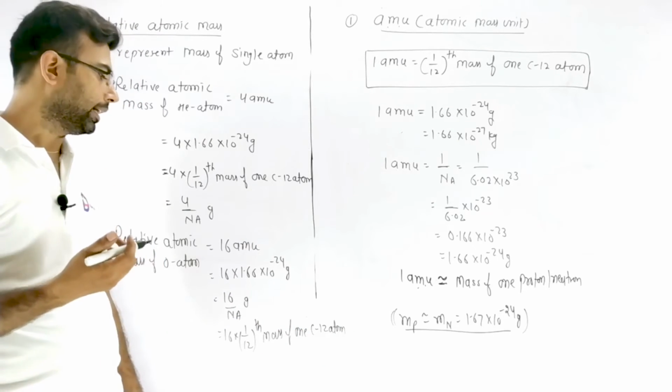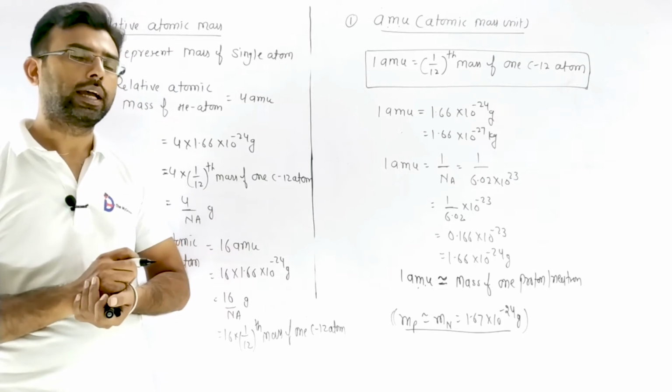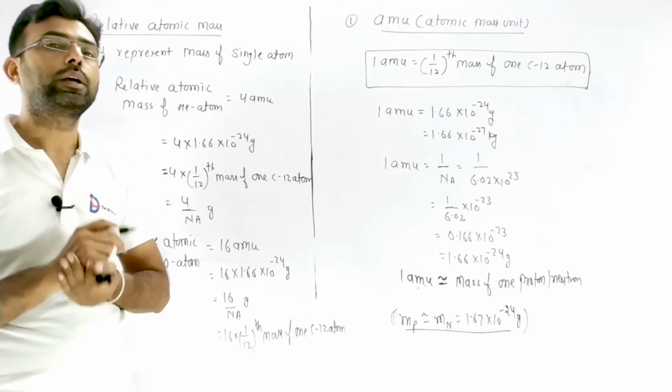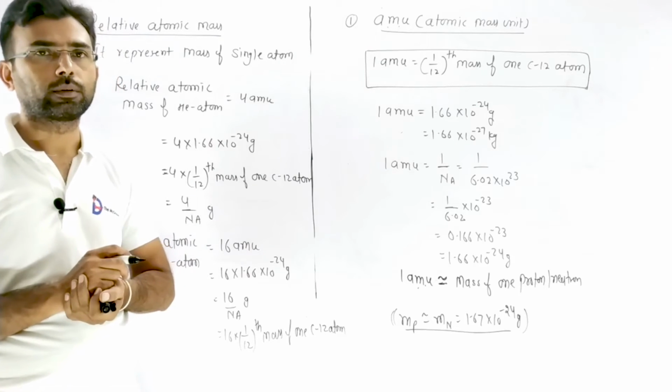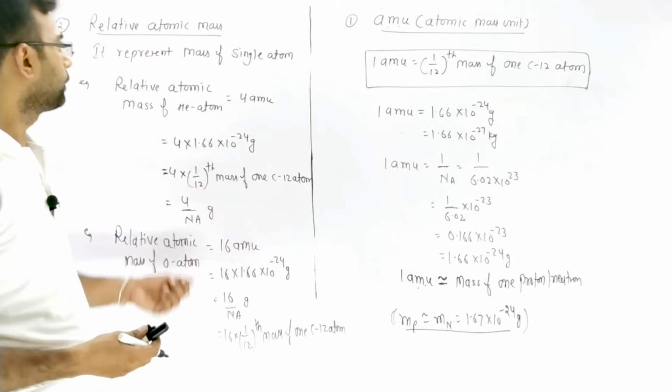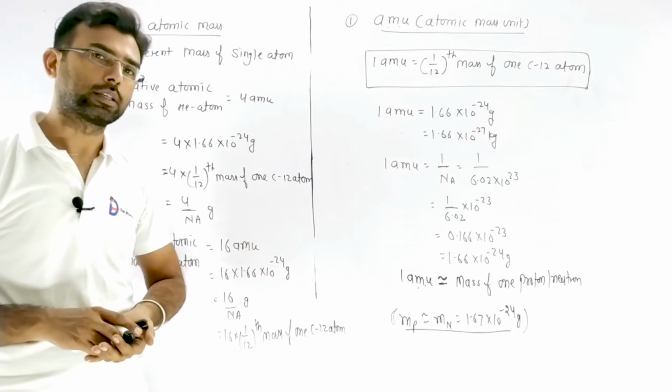So we say that the mass of one oxygen atom is 16 times heavier than 1 by 12th the mass of 1 C12 atom. So this mass is also calculated with respect to AMU. That's why we write relative atomic mass.